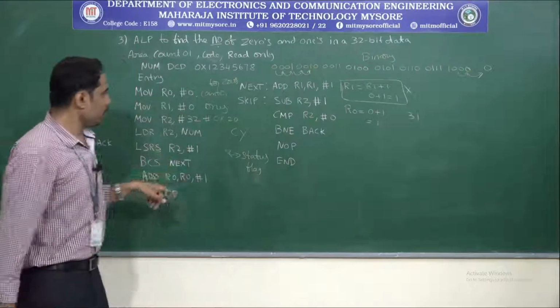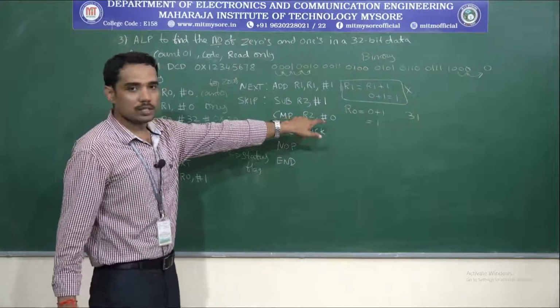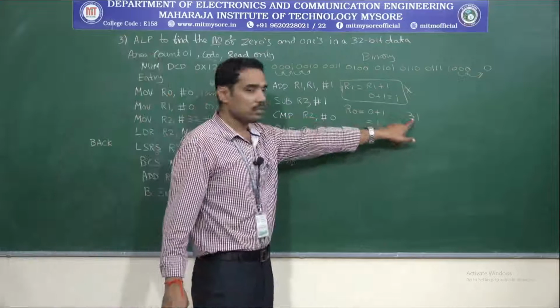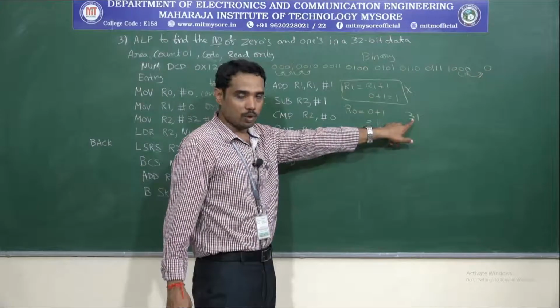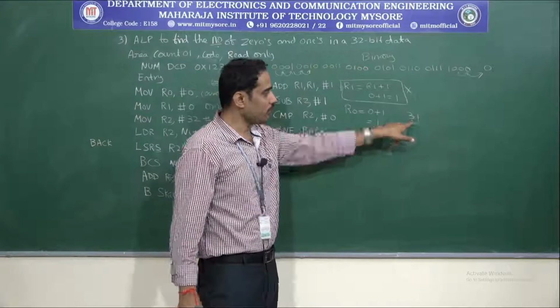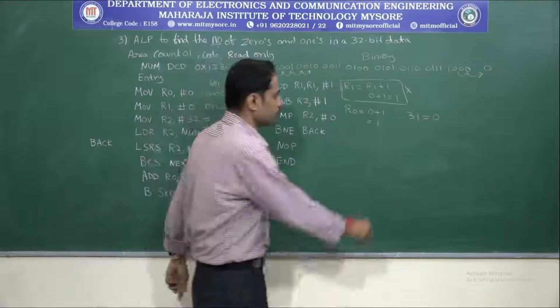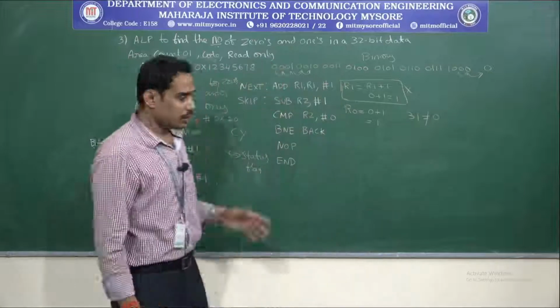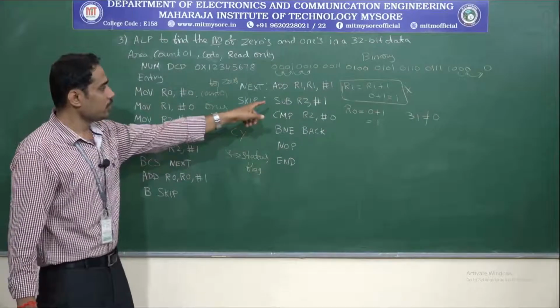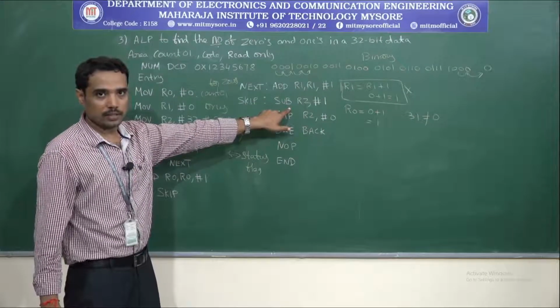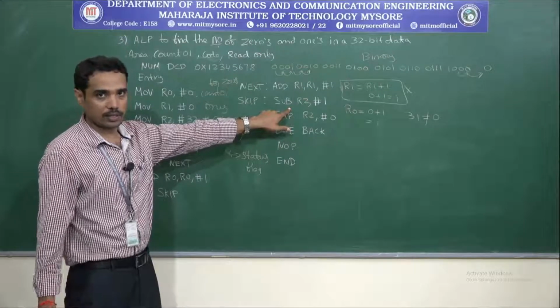And then comparing R2 comma 0. We are comparing the output of the subtracted value 31 with 0. Is it equal to 0? No, not equal to 0. In the previous program we have used SUBS, that is subtract and then update the status flag, that is the zero flag.